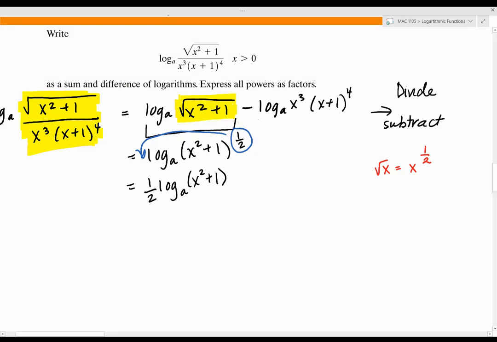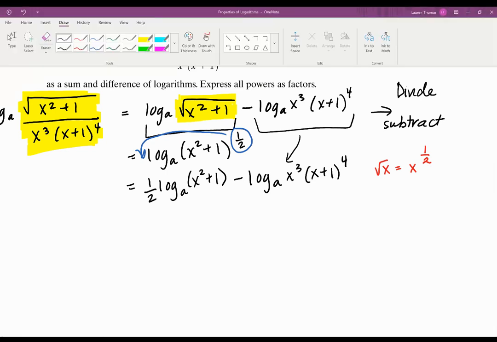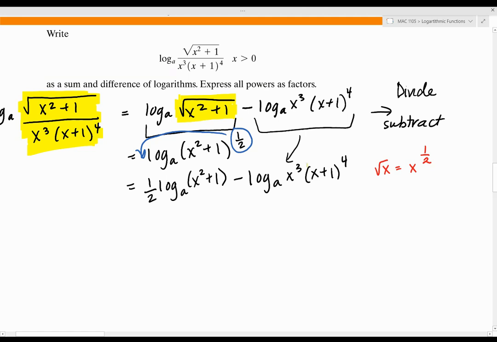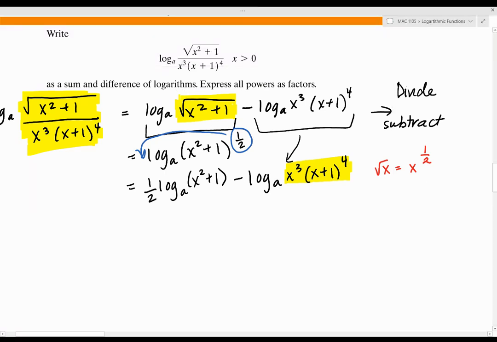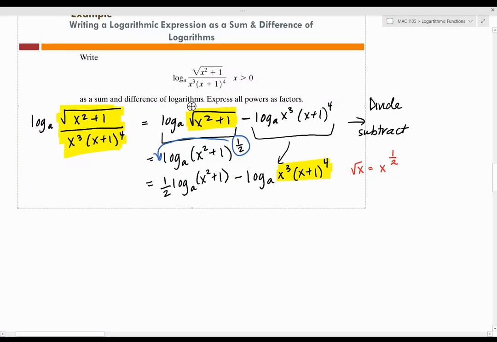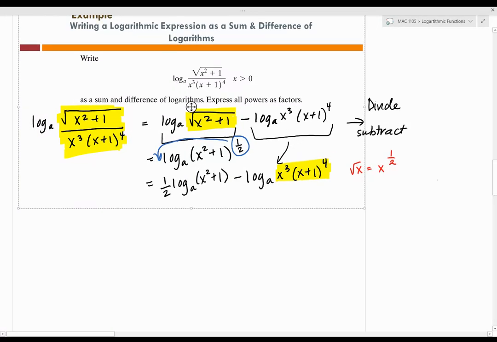Now I need to fix the second one. I'm going to bring this down for us. We have minus log base a of x cubed times (x plus 1) to the 4th power. The major operation that I see in that argument happens to be multiplication. I have x cubed times (x plus 1) to the 4th. Anytime you have multiplication, it gets expanded using addition.